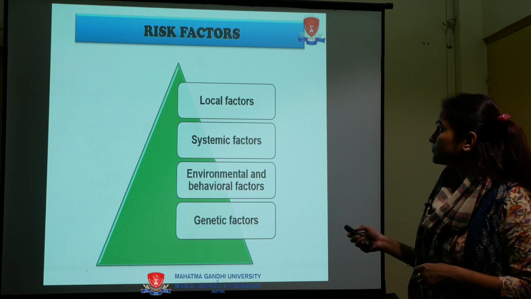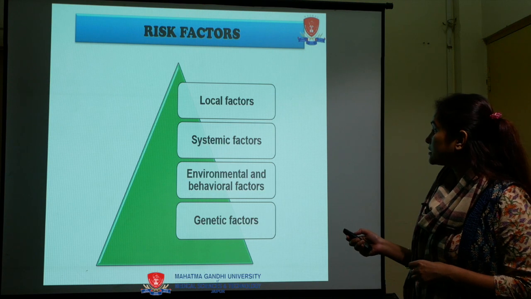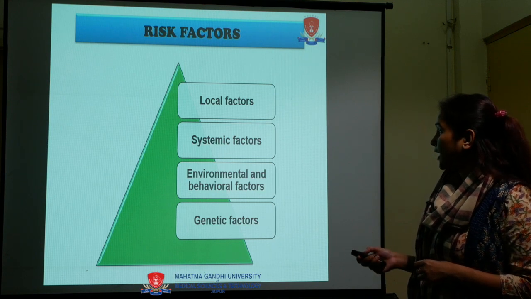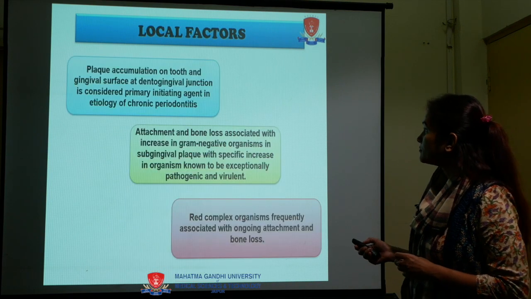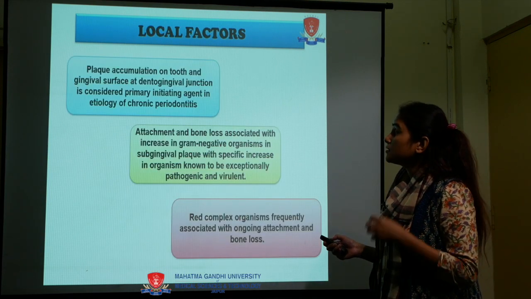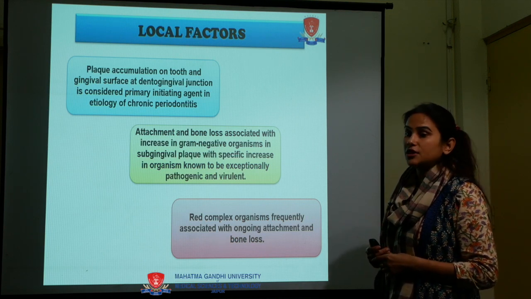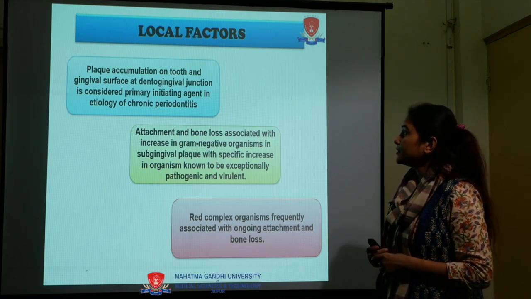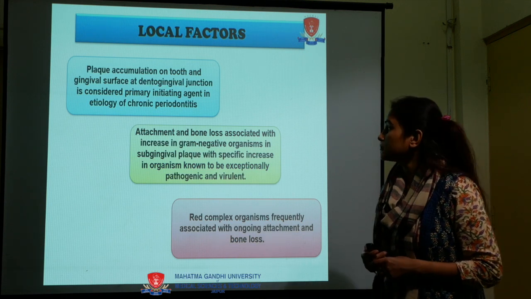Now, risk factors for chronic periodontitis are local factors, systemic factors, environmental and behavioral factors, and genetic factors. Coming to local factors, plaque accumulation on the tooth and gingival surface at the dentogingival junction is considered the primary initiating agent in the etiology of chronic periodontitis.